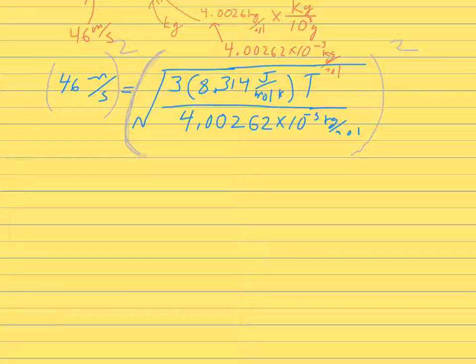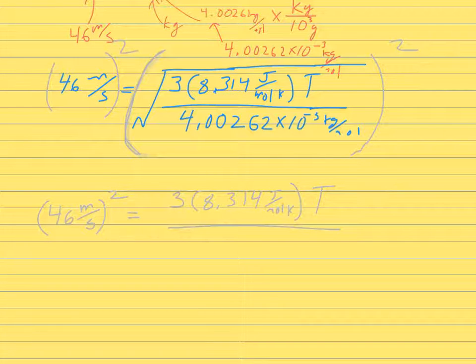I do that, and I have 46 meters per second squared equal to 3 times 8.314 joules per mole Kelvin times my temperature, divided by 4.00262 times 10 to the negative third kilograms per mole.